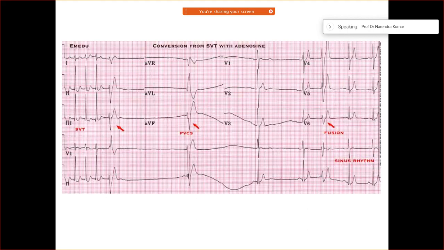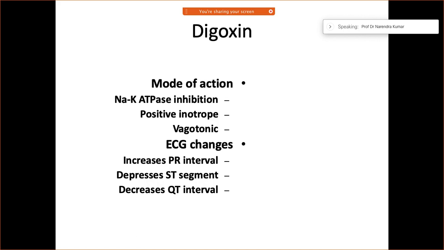So once we are aware of adenosine, what about the other medications which are included? The other medication is digoxin.